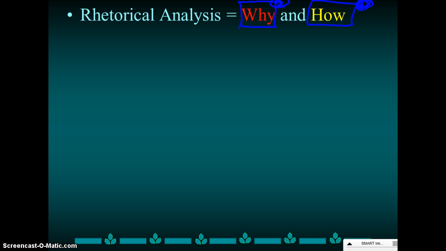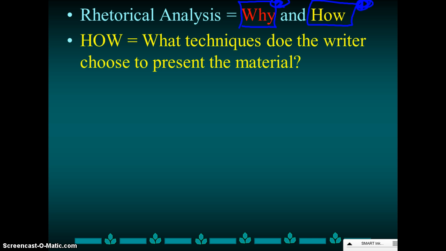Okay, so to make sure that we all have a clear understanding of what those mean, when we talk about the how, you're actually talking about, like, what is the author doing? I guess another appropriate question to ask as opposed to how is what? What is the author using, right? So what technique, what element, what parts of language, what is the author using?